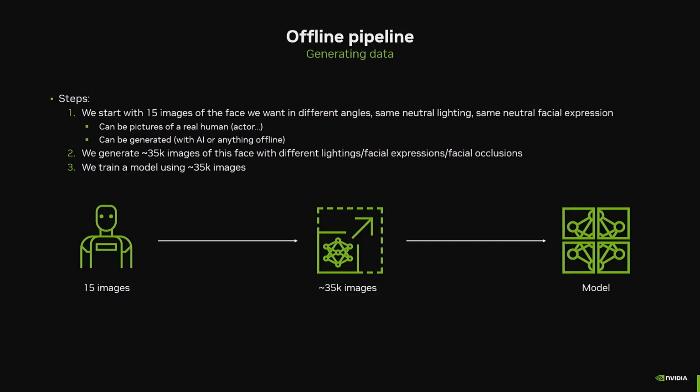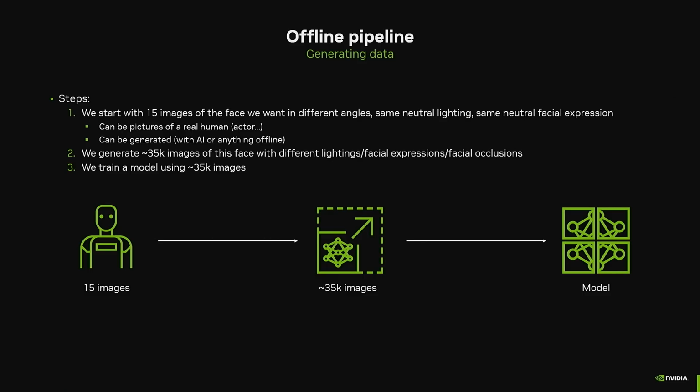What do we need really to start training our model? We need 15 images. That's all it takes for us to build a model. We need 15 images of our character with a neutral expression in a neutral lighting environment from multiple camera angles. This is really what we need.